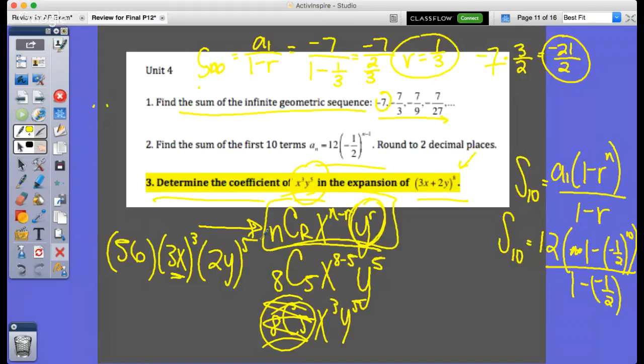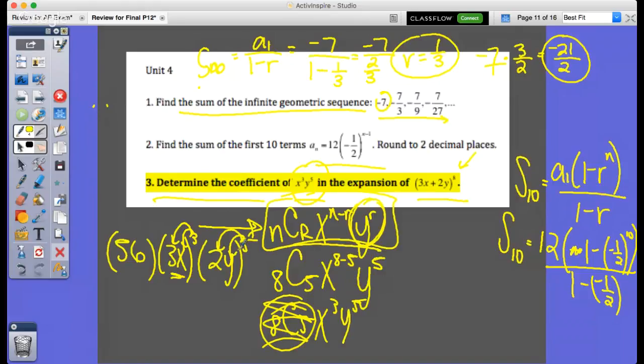Because they just want the coefficient, you know that 3 is going to be to the 3rd, as well as x to the 3rd. 2 is going to be to the 5th, as well as y to the 5th. Once I get those, I just multiply them all together. Can you go back? How did you get 56? Good question.